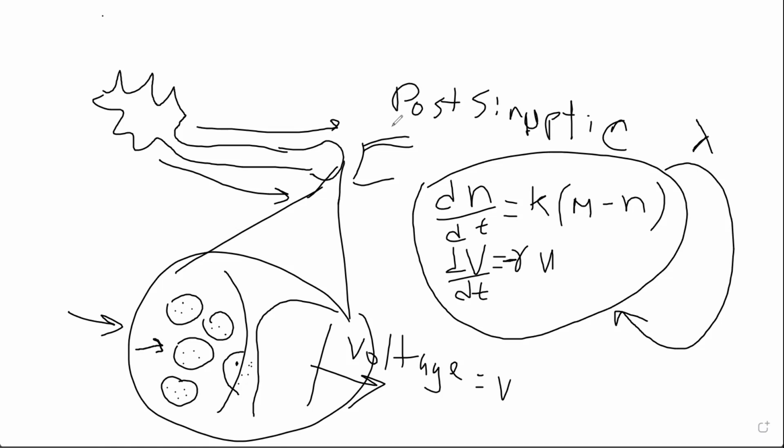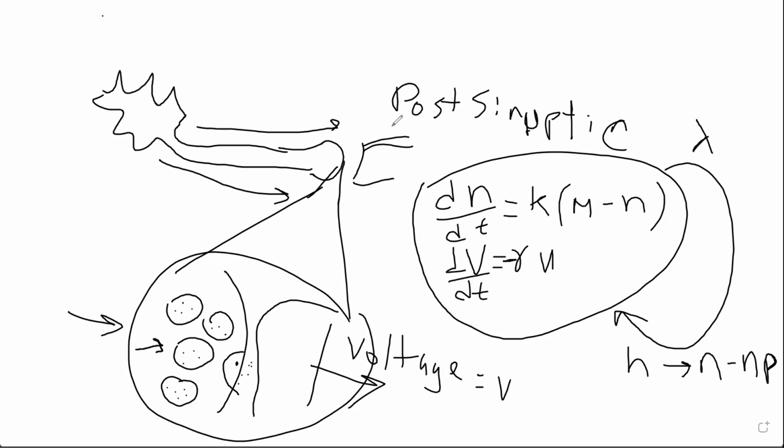So a pulse arrives, and every time the pulse arrives, every vesicle is going to be released with some probability. So if you have, let's say, n vesicles, essentially n times the probability is going to be released. So n goes to n minus n times the probability. Like being very first order.